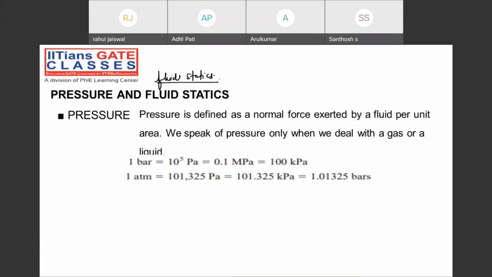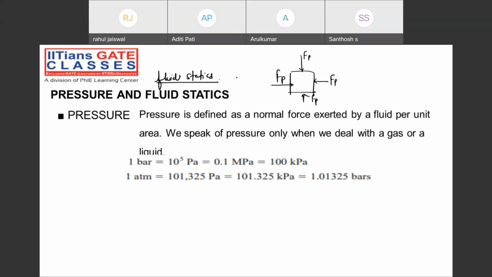What is the meaning of pressure? Is pressure a compressive force or a tensile force? I'm just asking one question. If I say pressure force, is it a compressive force or tension force on the fluid element? Whatever the pressure forces acting, are they compressive in nature or tensile in nature? Tell me, guys.